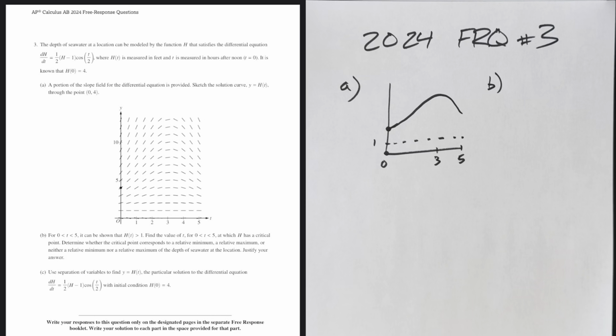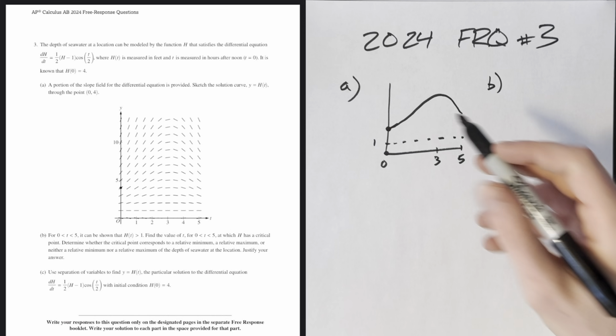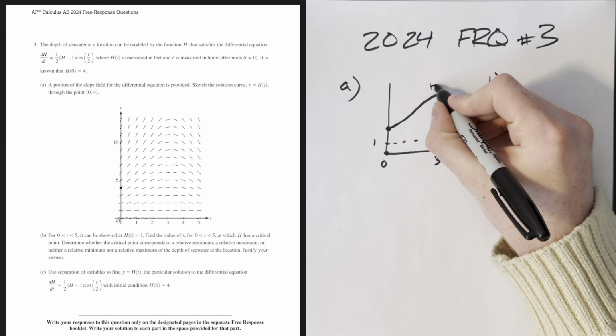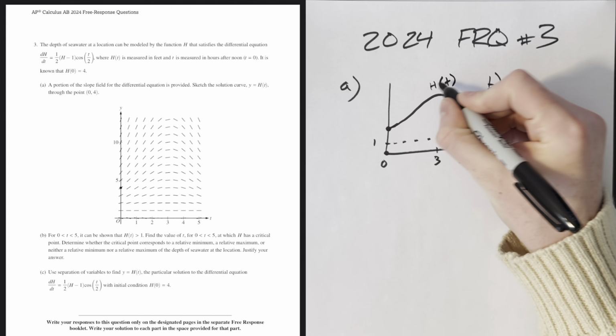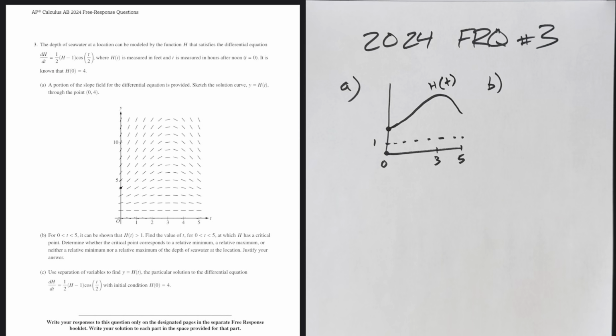Okay, so we know that this curve is a graph of h of t, right? One very specific curve of h of t. And it asks us to see where there's a critical value. We know that critical values happen at relative extrema and places where our derivative is undefined.